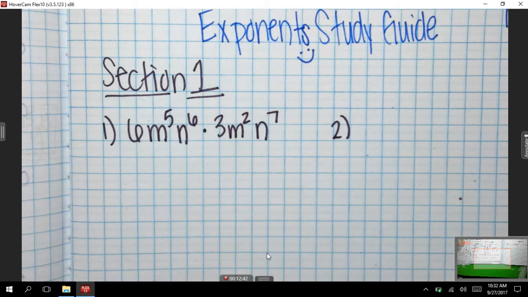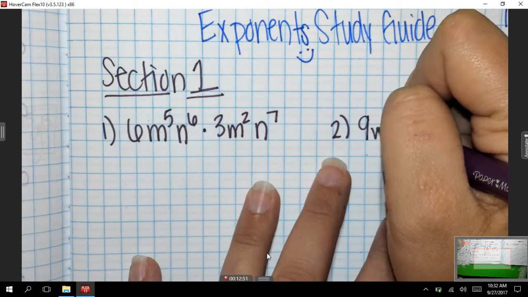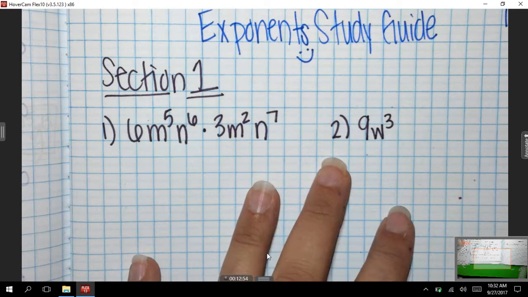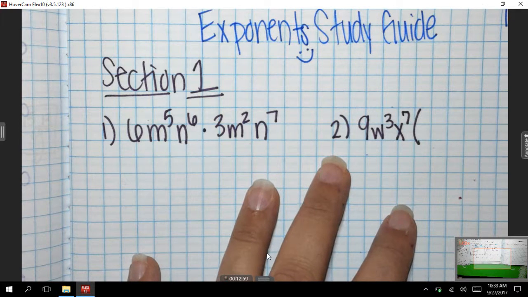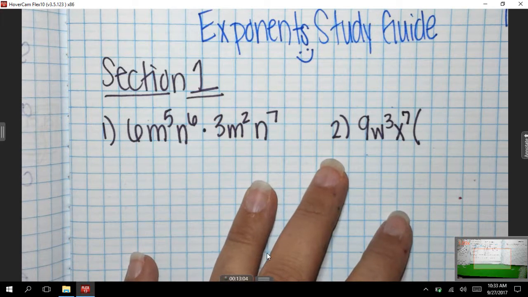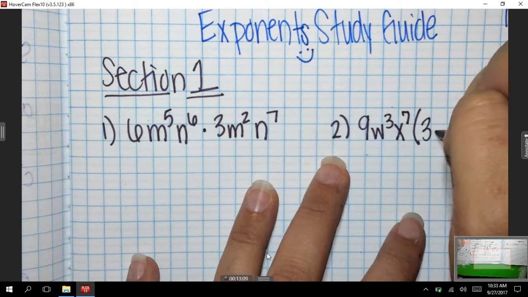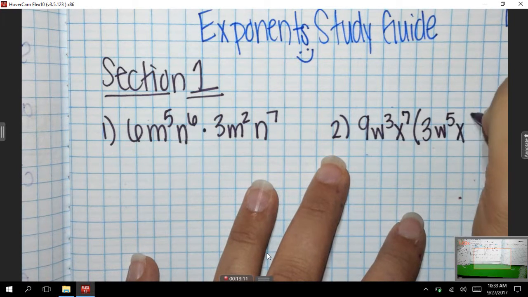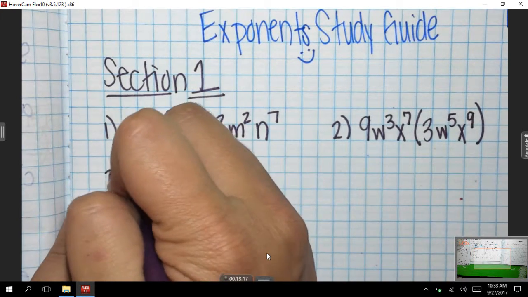Number 2. That's a 9. My Q's are curled. Hang down the low line. All right, number 3.